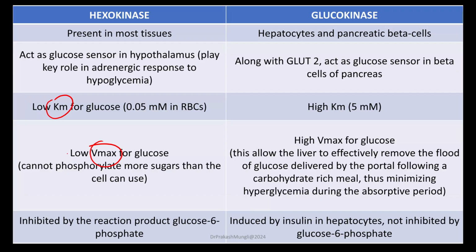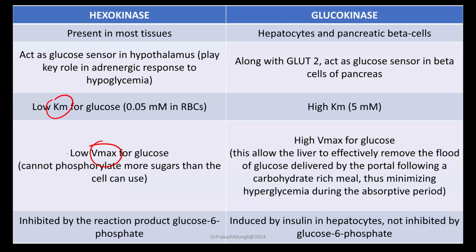Low. Hexokinase has low Km and low Vmax. What is the meaning of this? Low Km means it has super high affinity for glucose. That means it is able to conduct a reaction even at low glucose concentration. That's what it means.